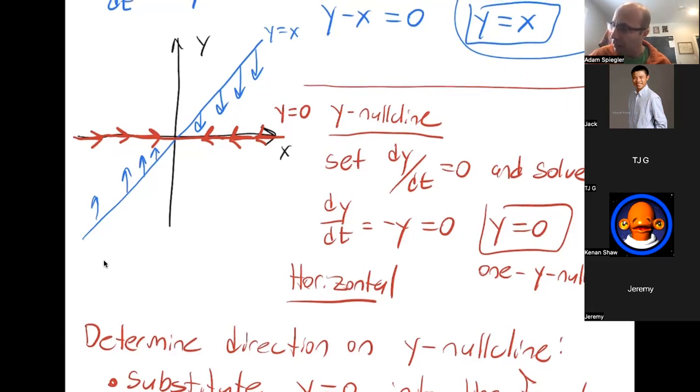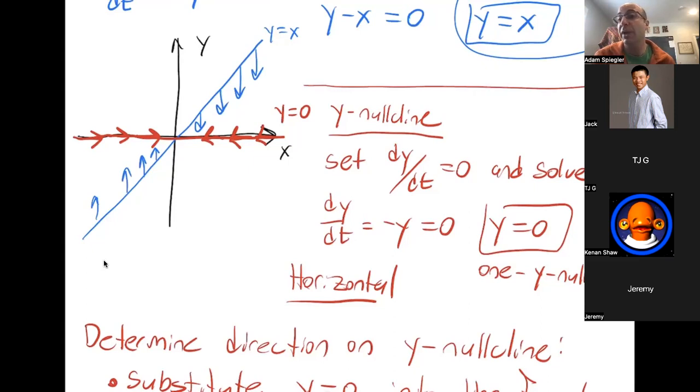So is this like just kind of like if you had multiple phase lines? Like you just treat each nullcline as a phase line? So with phase lines, right, the slopes were different on different places. Yeah, I suppose you can think about it like that. It's a little bit more complicated now, right? Because we've got this interrelatedness between x and y.